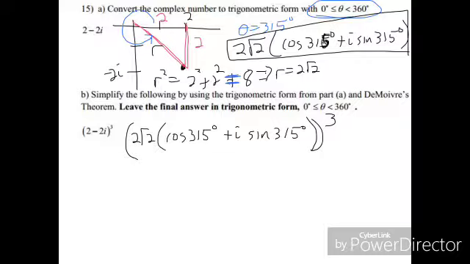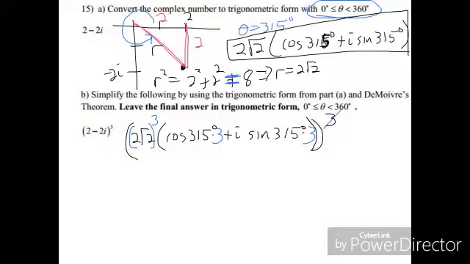Essentially, De Moivre's theorem, this 3 outside, distributes in a way. It is still a power on the magnitude of this complex number, and it multiplies the angle. So that's how the 3 distributes inside.